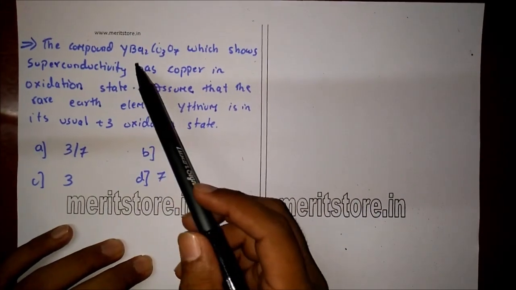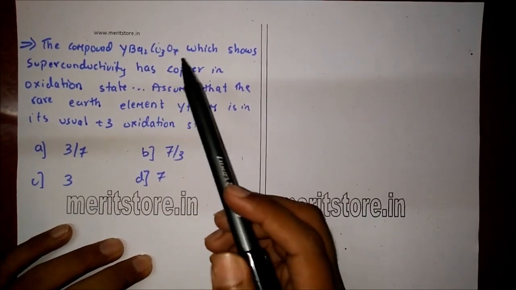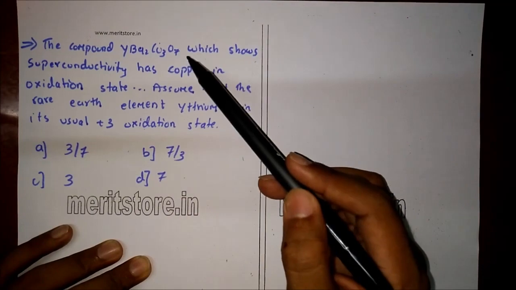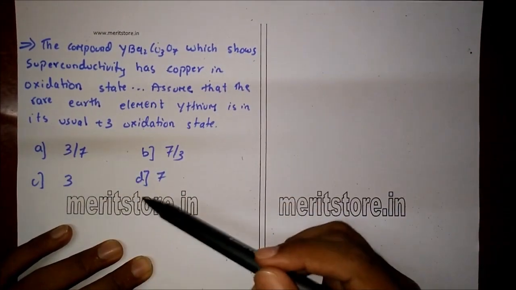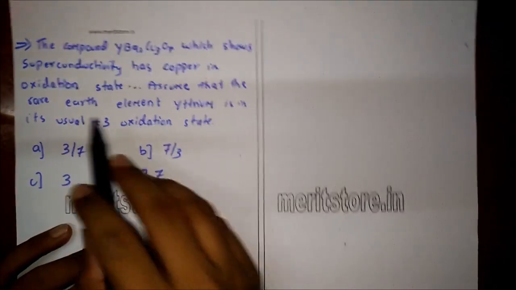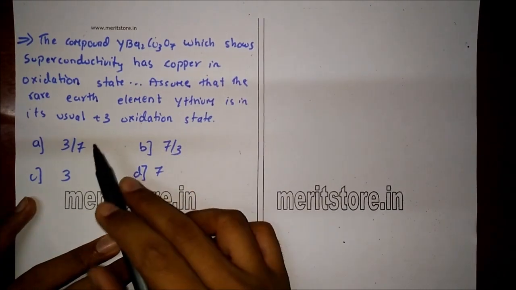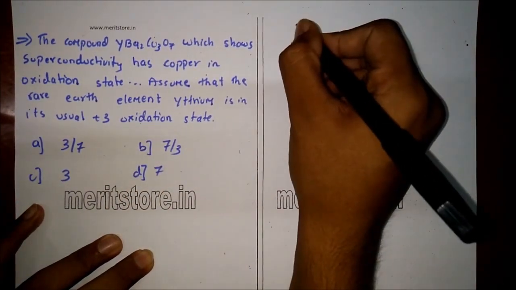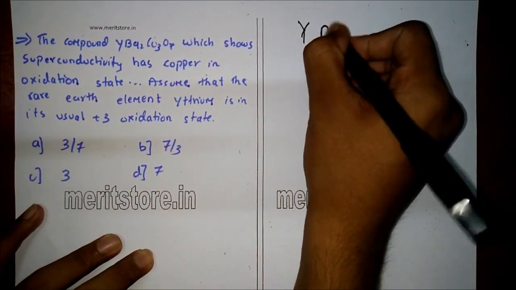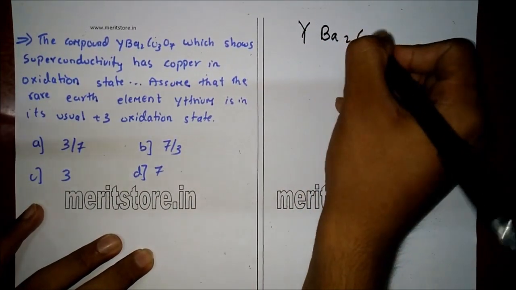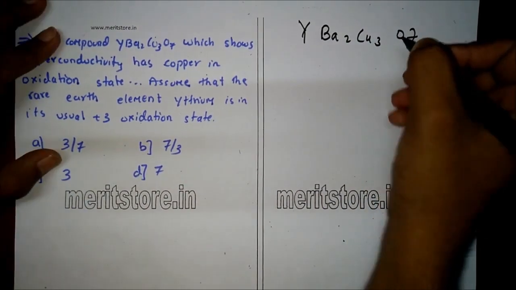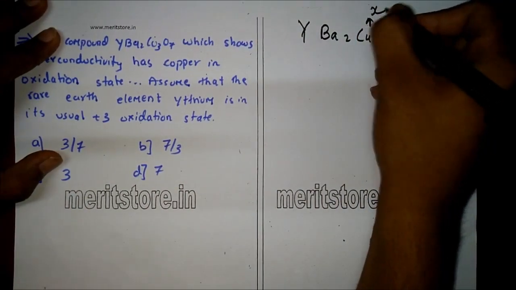The compound YbA2Cu3O7, which shows superconductivity, has copper in the oxidation state. We need to find out the oxidation state of copper. Here are the options. Now we have to assume that the rare earth metal yttrium is in its usual +3 oxidation state. Now the compound given is YbA2Cu3O7. Hence we need to find the oxidation state of copper. Let that be x.